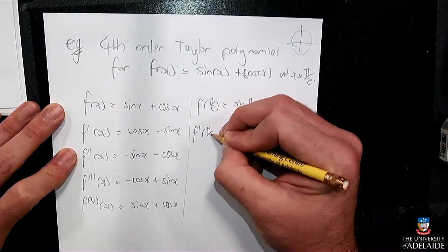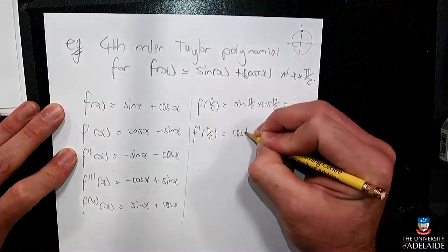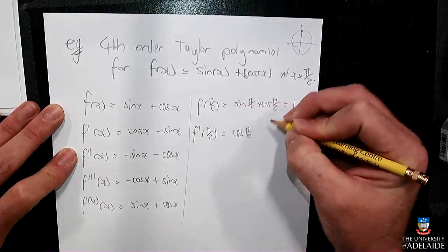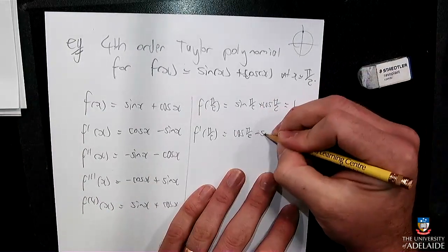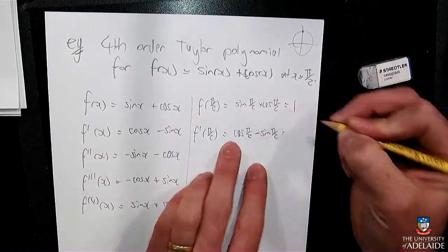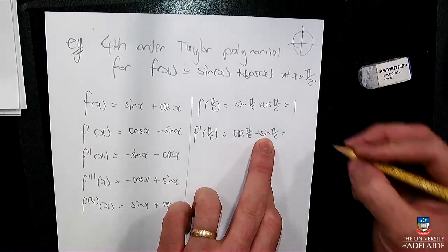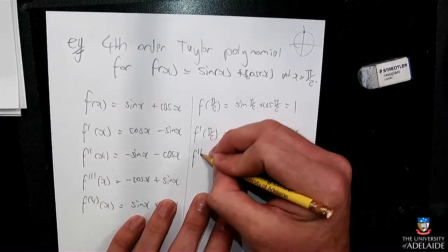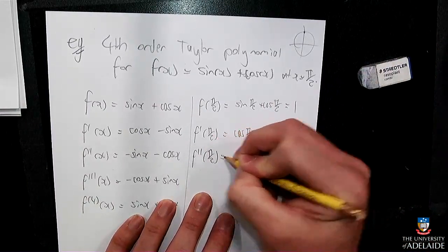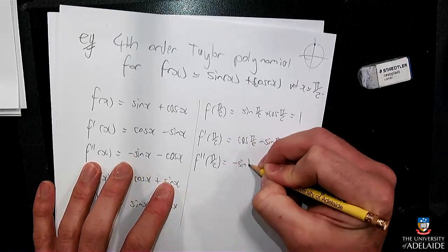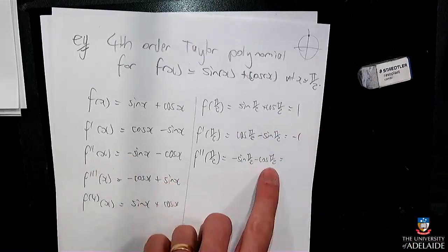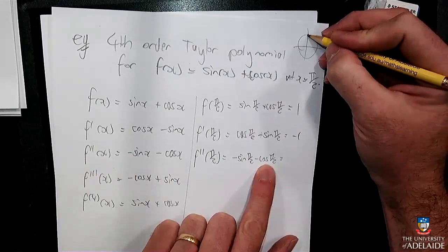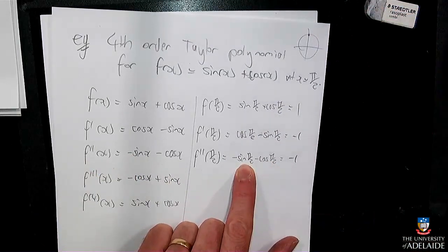F dash pi on 2: cos of pi on 2 is 0, sine of pi on 2 is 1, so we get negative 1. Cos of pi on 2 is 0, sine of pi on 2 is 1, still negative 1.